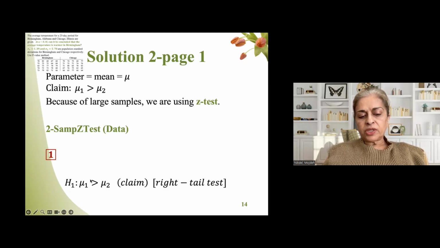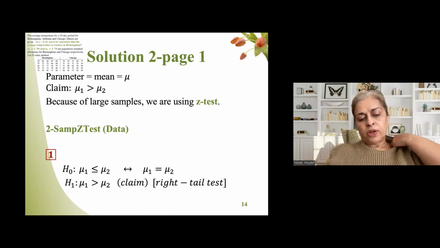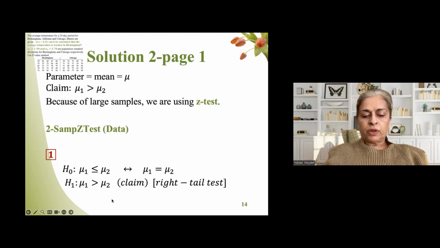This is a right-tail test. Then my null hypothesis is mu1 less than or equal to mu2. Now, to find the p-value and test value, I have to enter my raw data in the calculator.